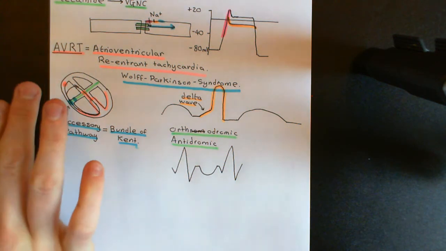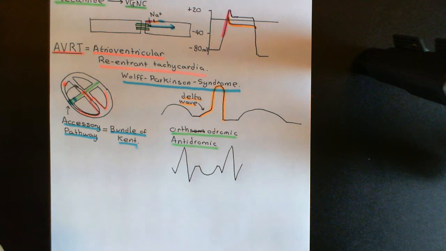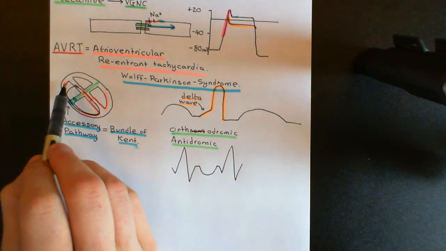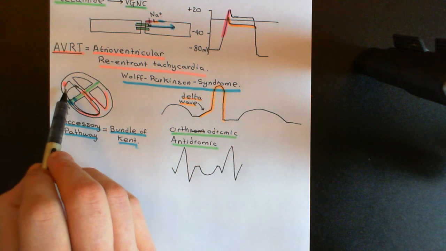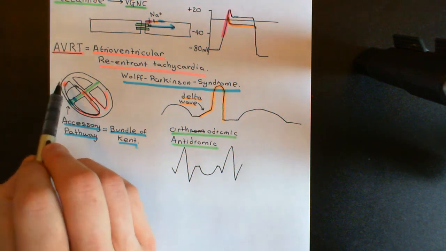Okay, and of course the sinoatrial node would still be trying to generate electrical signals, but it's too slow compared to the circus rhythms. So every time it does generate an electrical signal, it will just meet an electrical signal coming from this circus rhythm here, which will then annihilate it.